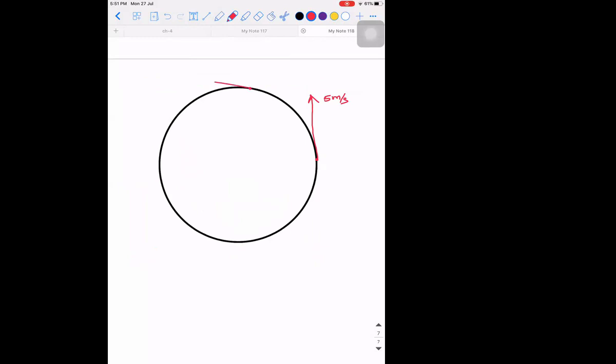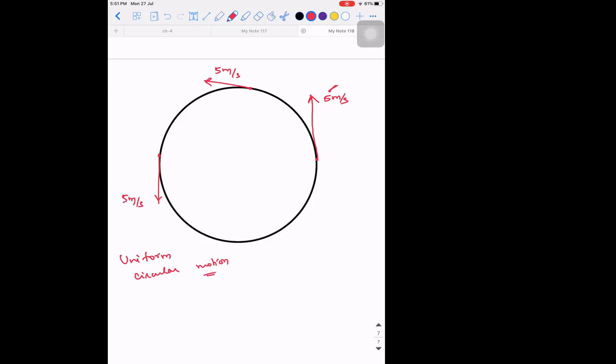Here the speed is 5 meters per second, and here the speed is 5 meters per second. Is this an example of uniform or non-uniform circular motion? Uniform. In uniform circular motion, all tangential velocities should be equal. The velocity will be constant, but its direction will keep changing with respect to time.